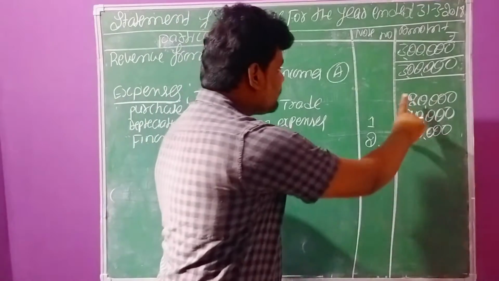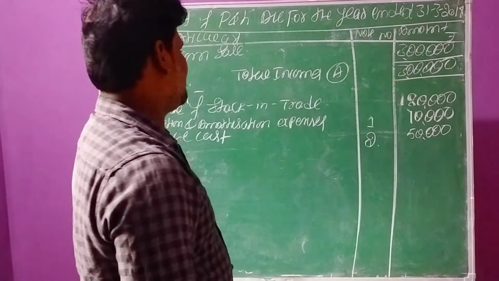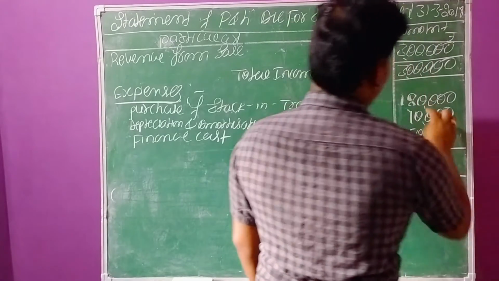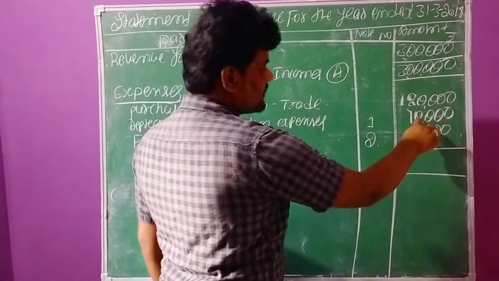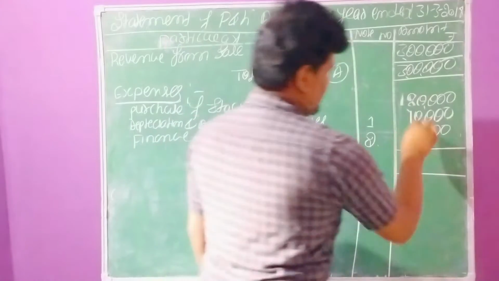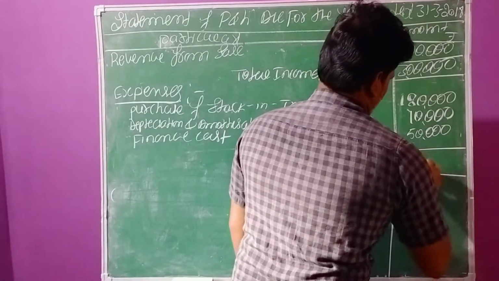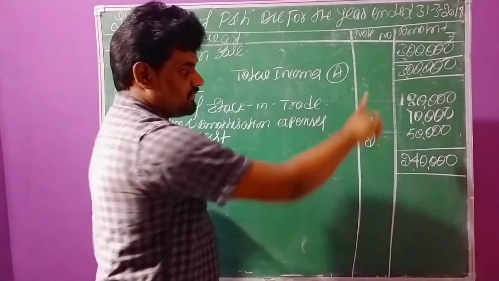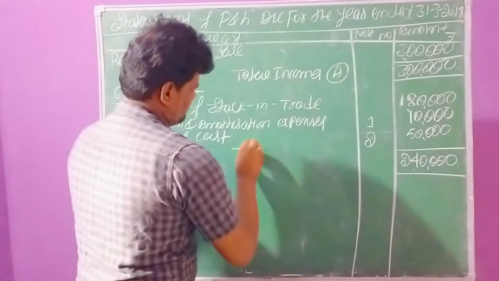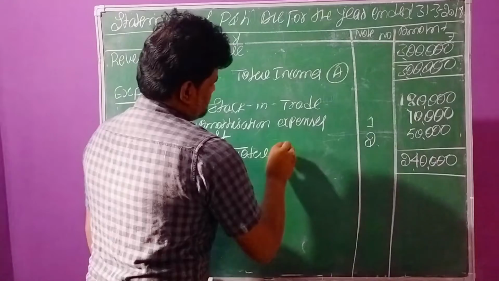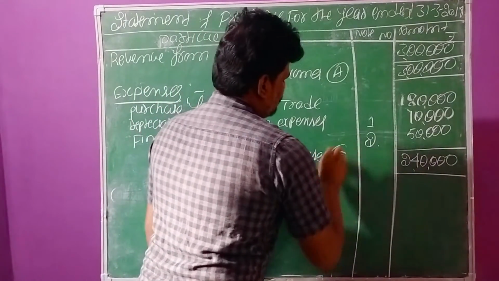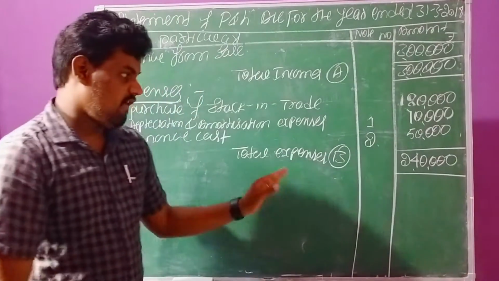Now we have to make total expenses in the business: 1,80,000 plus 10,000 plus 50,000, 2,40,000. This is our total expenses. We can show these total expenses as B value.